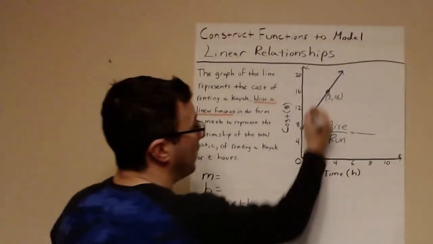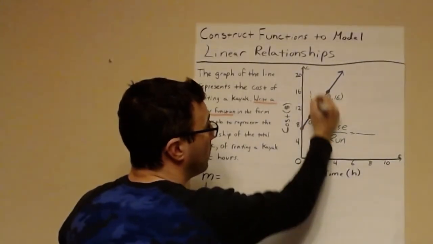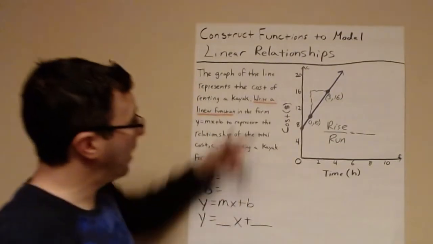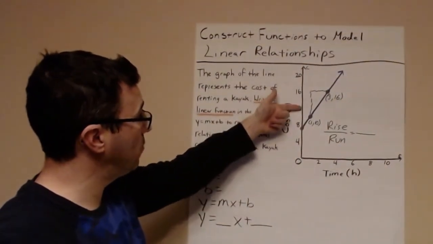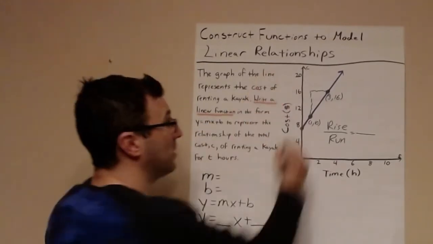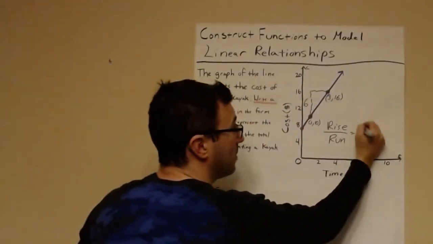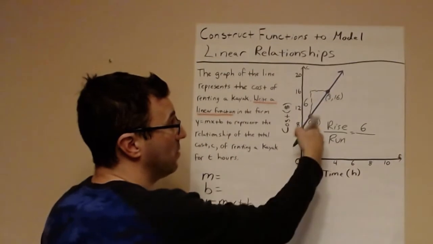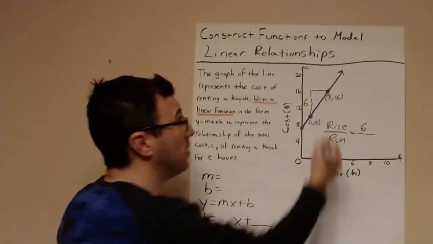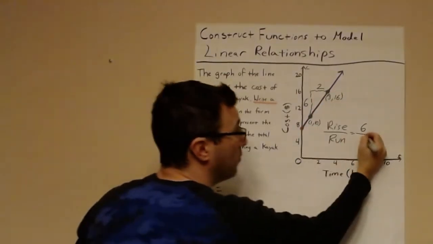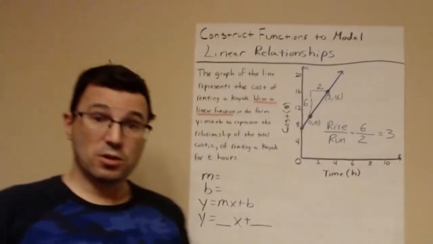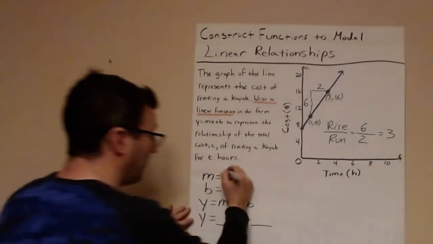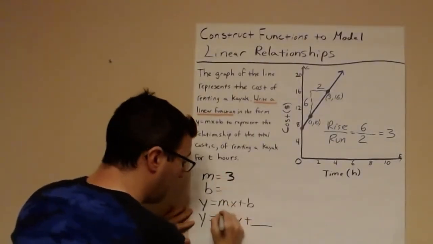So I'm going to draw my little triangle, and going up, so this is at 10, so 2, 4, going up 6, so our rise is 6, and we're going from 1 to 3, so that's a run of 2. So it looks like my slope is 3. So I'm going to put that in here, 3.